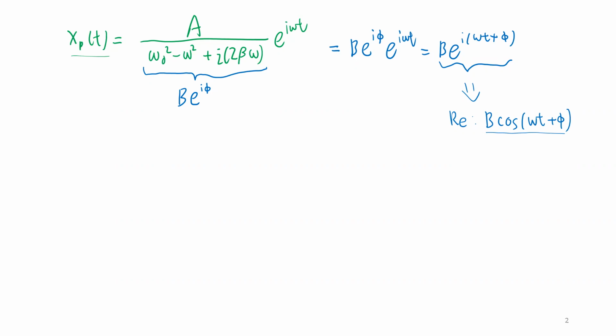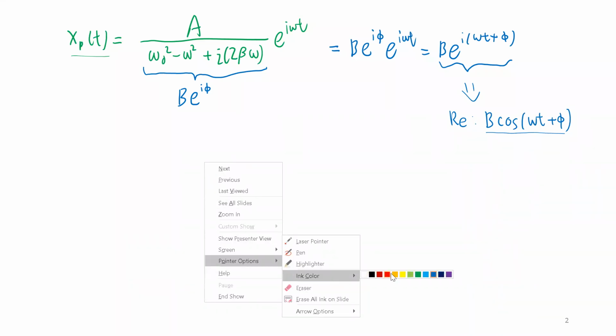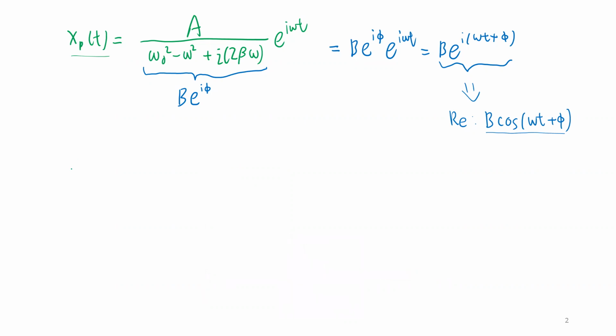So with that in mind, all I'm trying to do now is to convert this prefactor into the exponential form. The way we do it is that this one, I just write it again over here.